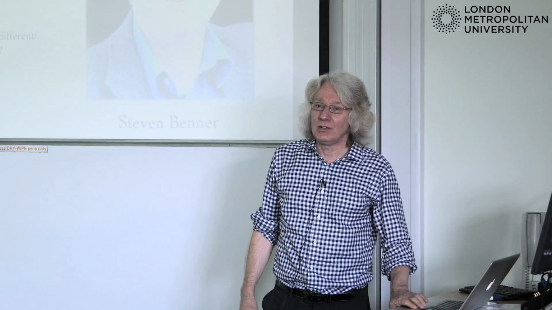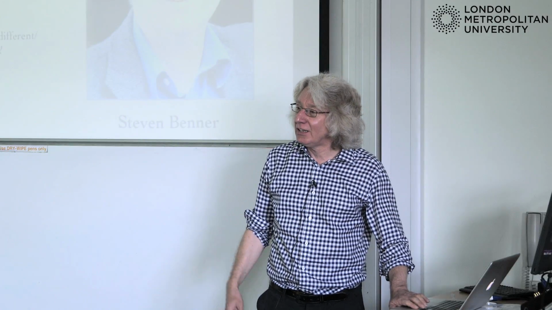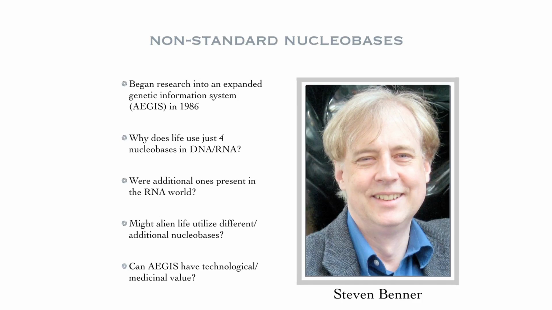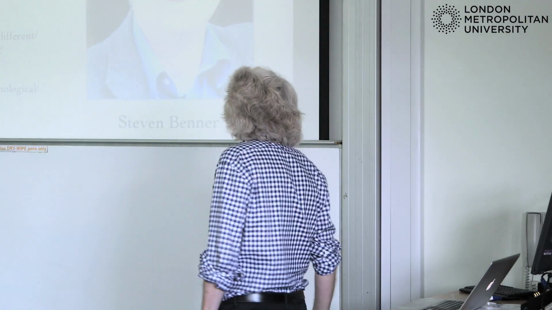And most importantly of all, when you're trying to seek funding from bodies made up largely of accountants, failed lawyers, and second-rate arts graduates, can this expanded genetic information system have technological or medicinal value? No.